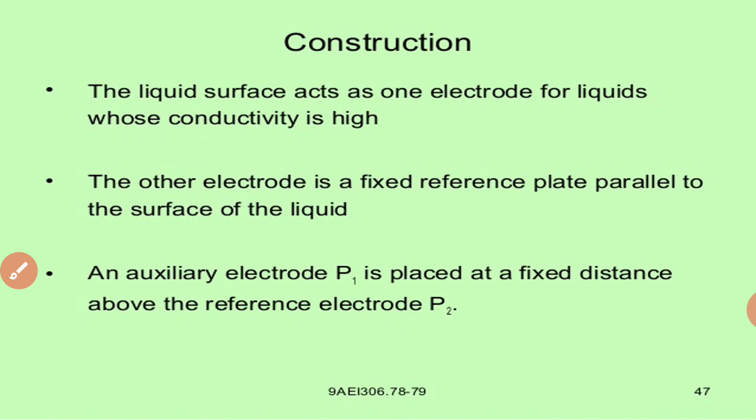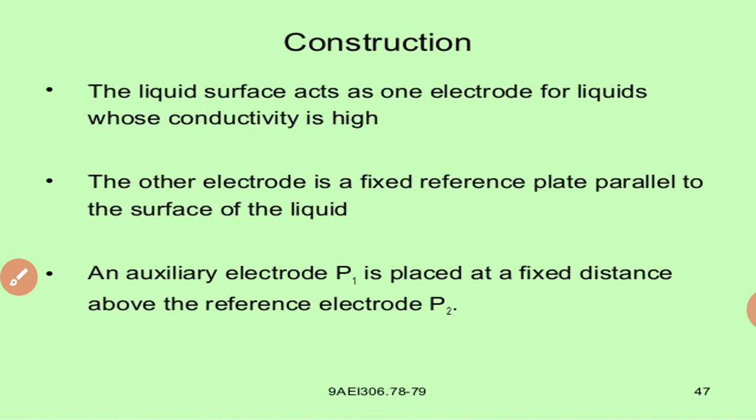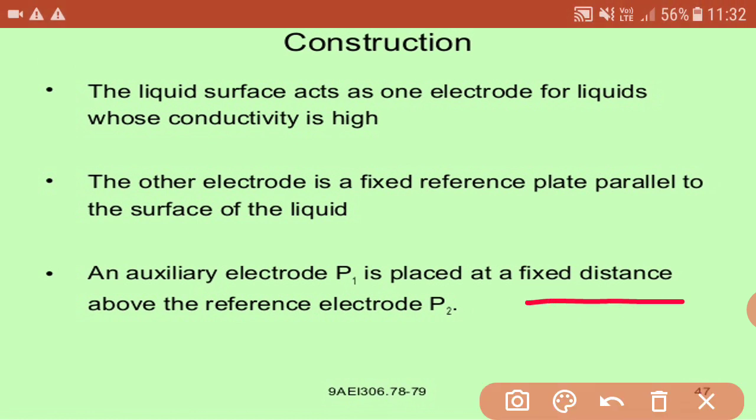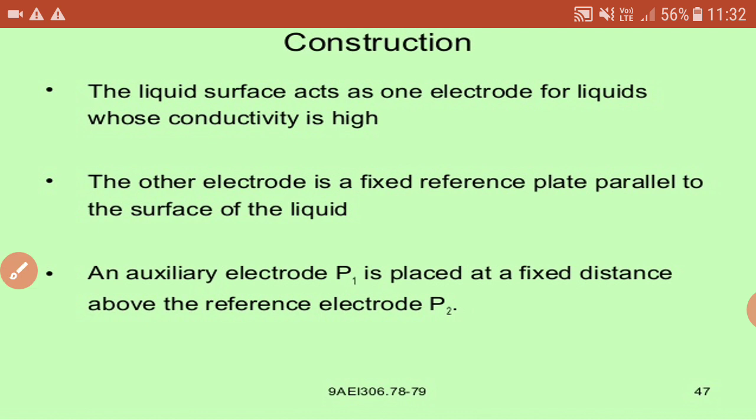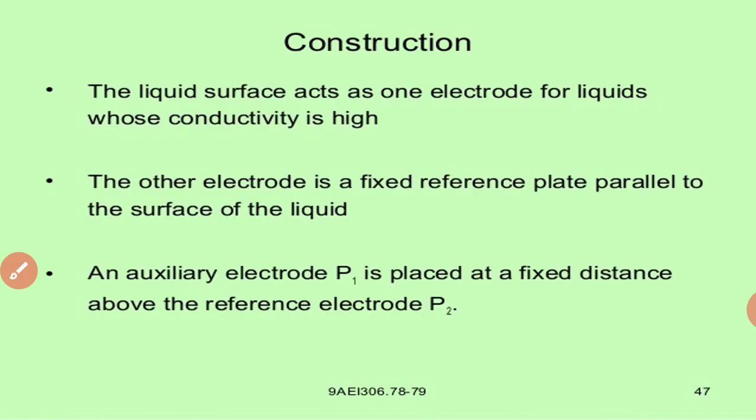An auxiliary electrode P1 is placed at a fixed distance above the reference electrode P2. So here we can see the reference electrode P2 and at some distance the auxiliary anode P1, and the distance between them is known and fixed. It means there is no change in this distance.